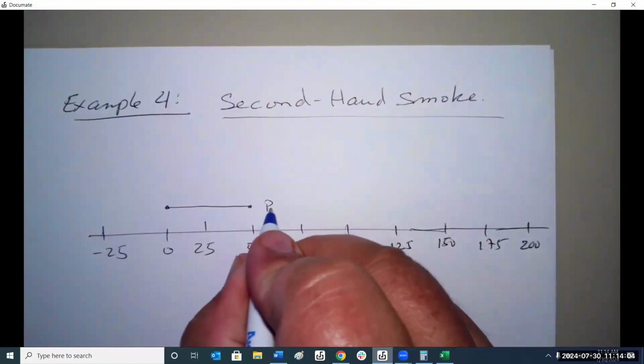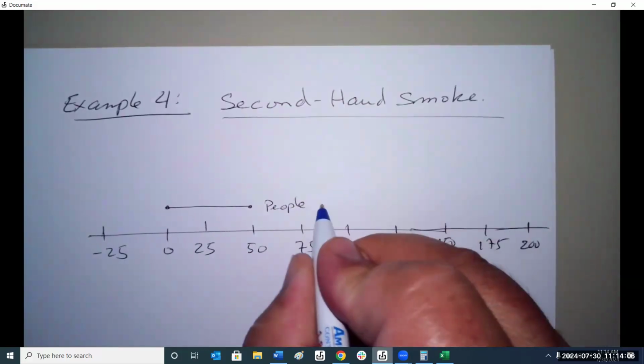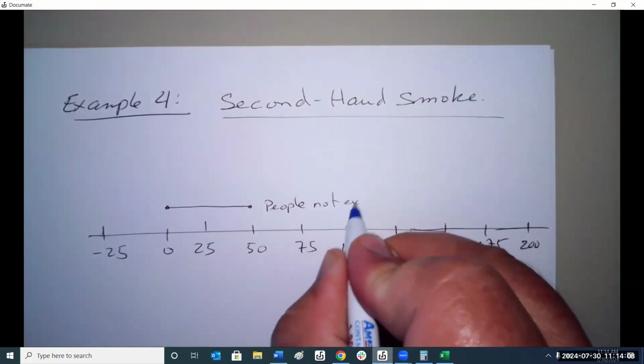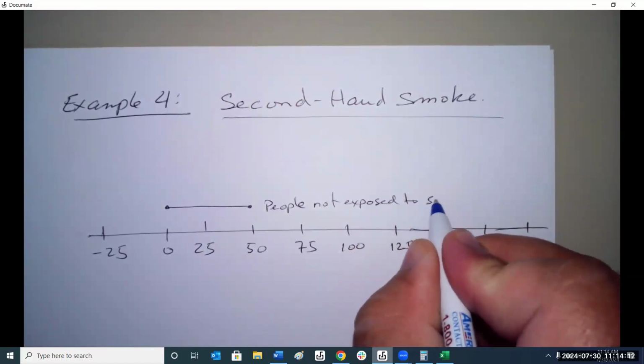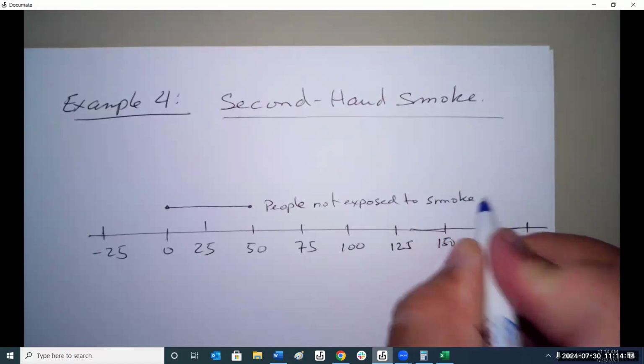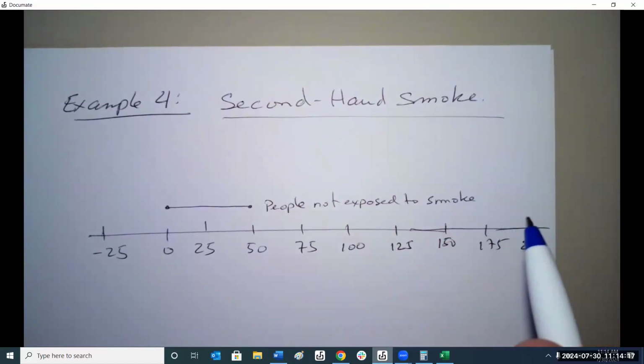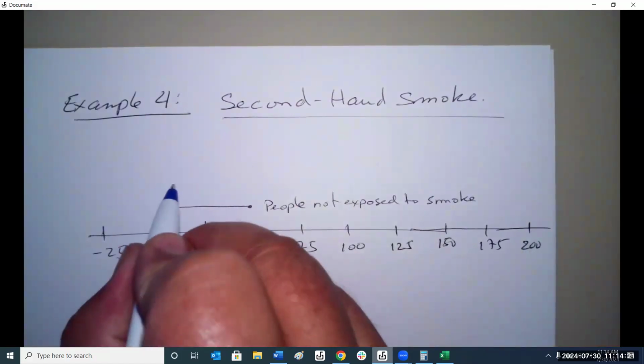This is people not exposed to smoke. Then we have another one from 25 to roughly about 115.